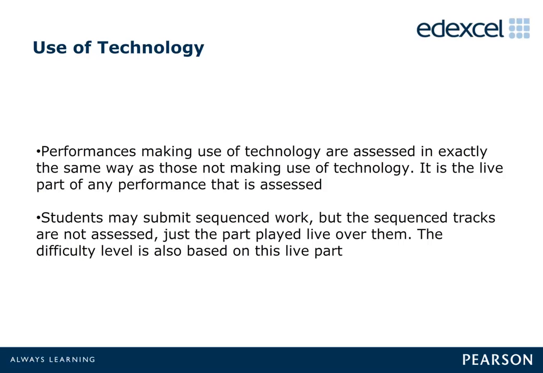Students may submit sequenced work, but the sequenced tracks are not assessed, just the part played live over them. The difficulty level is also based only on this live part. As with all performances, a score or similar detailed commentary needs to be provided so that an effective and fair assessment can be made.